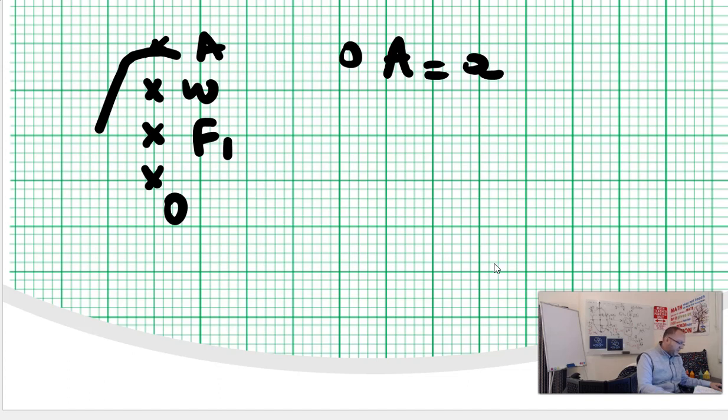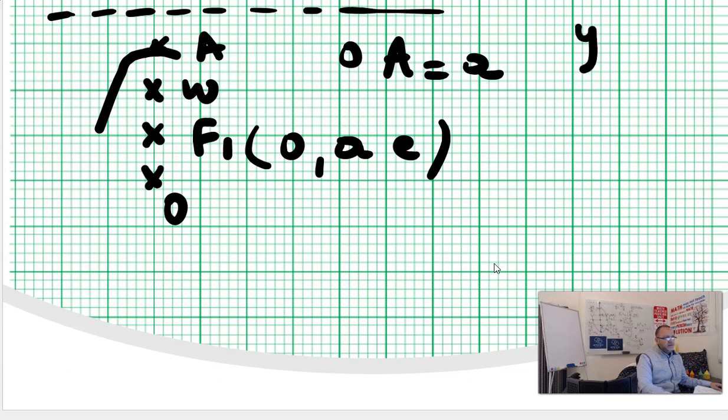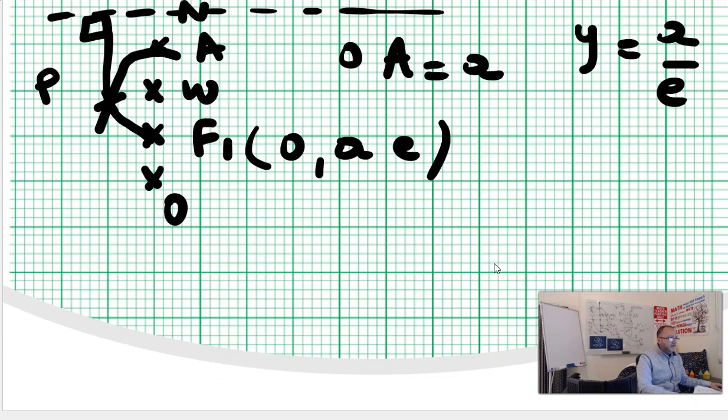And OF1 is what? It's (0, ae). Follow me? And this is the directrix here, y equals a divided by e, okay? And if I take a point P here, this is my PF1, this is my PM, I can call this N now. So I have N, A, W, F1, and O. I'm doing all that, I'm trying to conceptualize it because I don't want to memorize anything, okay?